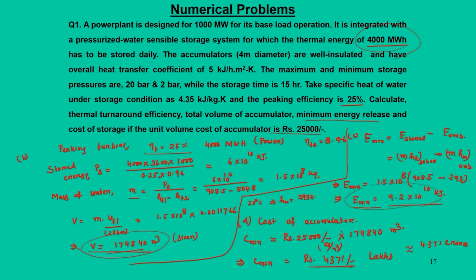Because energy storage is justified only when we are storing at very high conditions, because the infrastructure requirement is huge and investment cost is also high. So, then only the choice of a power plant with integration of energy storage systems will be justified. So, this is all about today's lecture. Thank you for your attention.